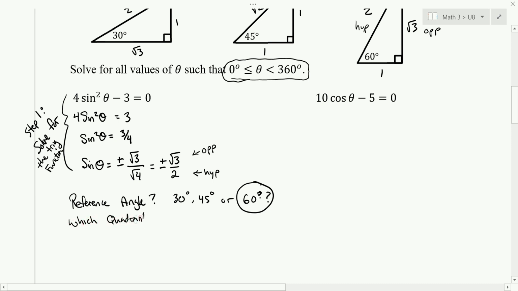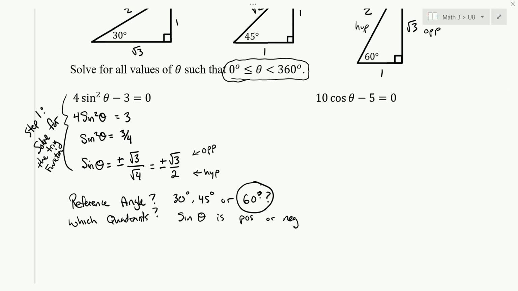The other question you're asking is which quadrant? In this problem, we have the sine of theta being positive or negative, the plus or minus. And if we have that plus or minus, what do we say? It's all of them, right? Positive or negative.